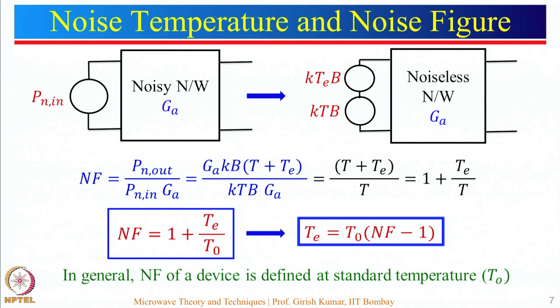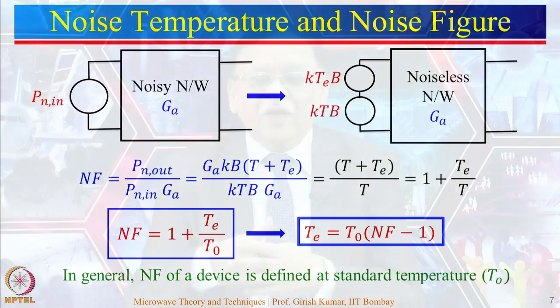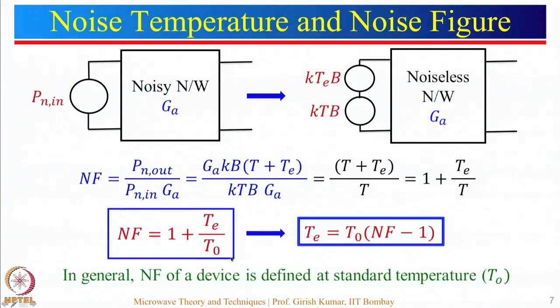Of course, in India, generally speaking, we would have taken 27 degrees. In fact, that would have given a nicer number. 273 plus 27 would have been 300 degrees. However, since all these developments were done in the western world, they took 17 degrees. So, we have to take T0 as 273 plus 17, which is 290 degree Kelvin.